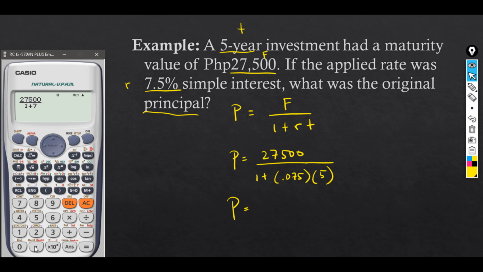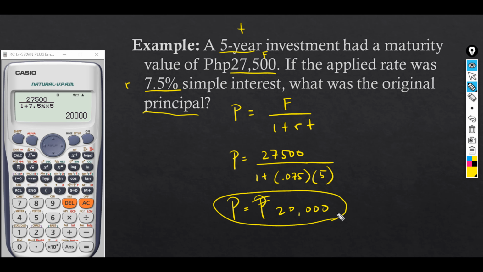So, gamitin ko yung percentage ng kasyo. Yan. 7.5 shift percent. Hindi ako endorser ng kasyo, ha? Times 5 equals. Yan. So, ang principal amount is 20,000 pesos. Yan na yan.